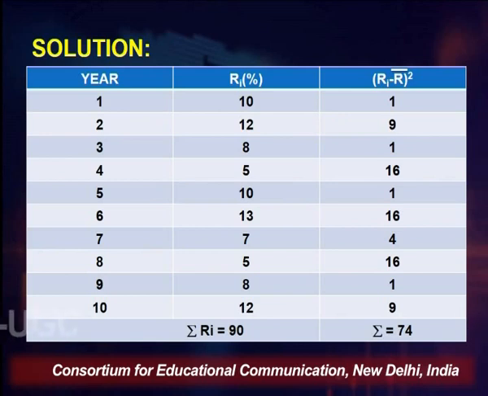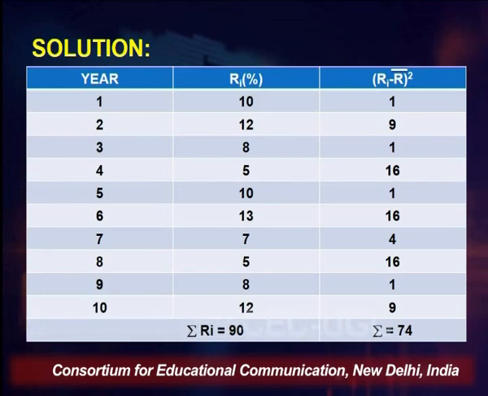Now in the next column, we have calculated Ri minus expected return, whole square. Ri means return in a particular year, R bar means average return, which I have just told you is 9%, and the whole square of it. That is, in the first year, 10 minus 9 is equal to 1, whole square of it 1.